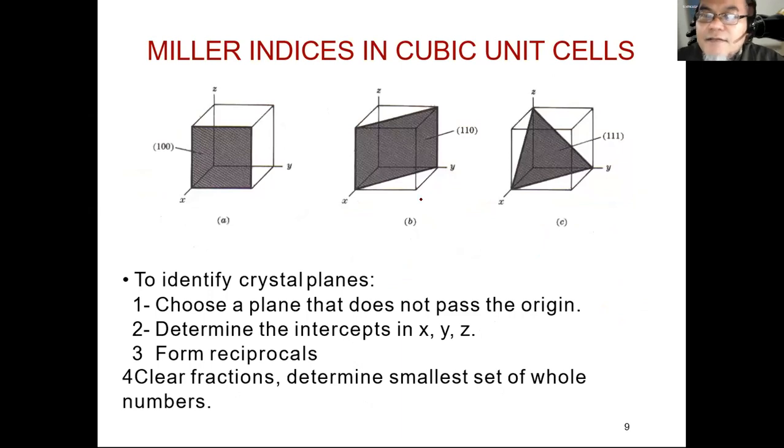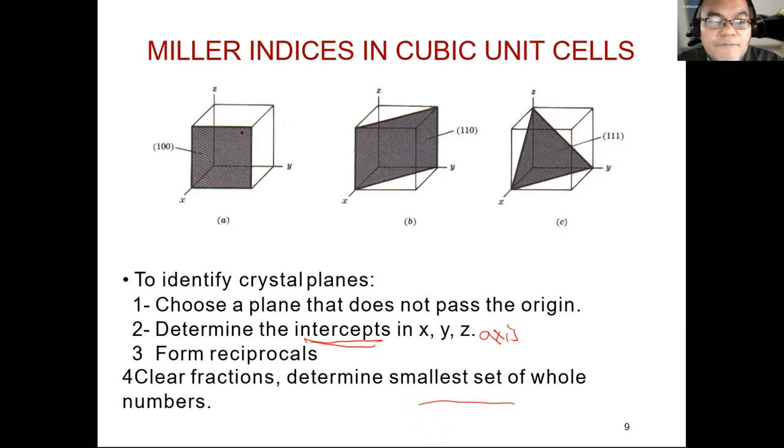Then we have also learned about expressing a plane in a unit cell. So we have here a plane. How do we identify it? First, choose a plane that does not pass through the origin. Determine the intercepts of that plane on each x, y, z axis. Then take the reciprocal: invert the numbers, clear the fractions, and determine the smallest set of whole numbers.